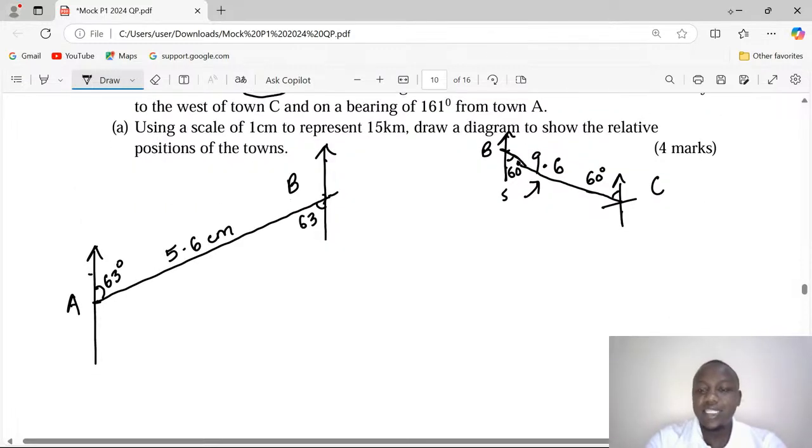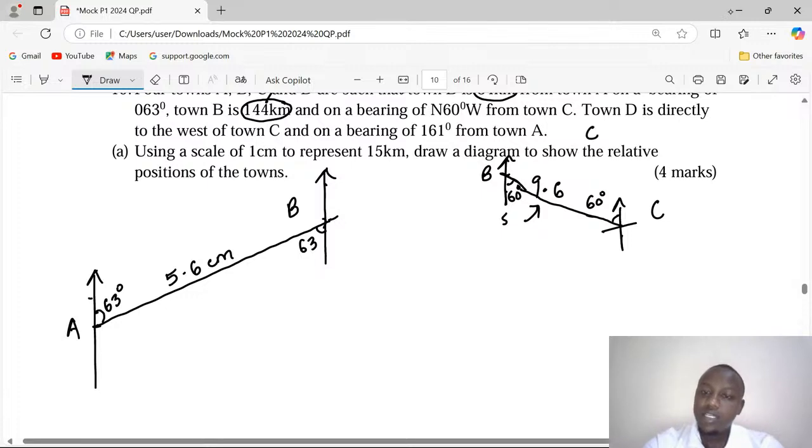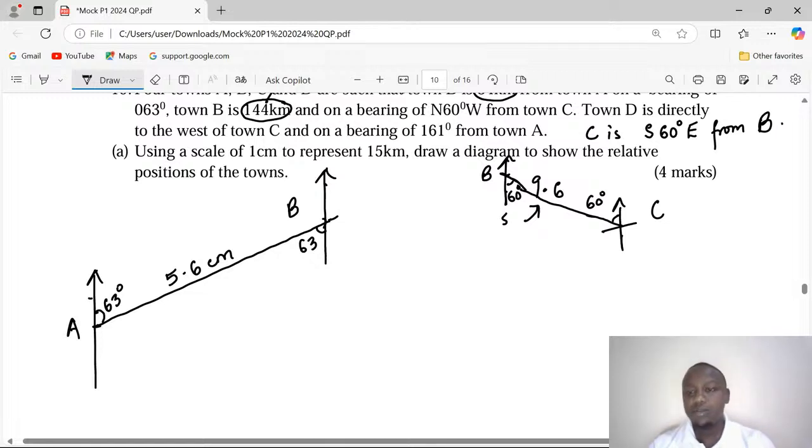So we can say that the relative position of C is on a bearing of south 60 degrees towards east from B. So we can now look for the interpretation of the position of C with reference to B, because the examiner is giving us the position of B with reference to C, yet C has not been drawn. So that interpretation now becomes very basic.